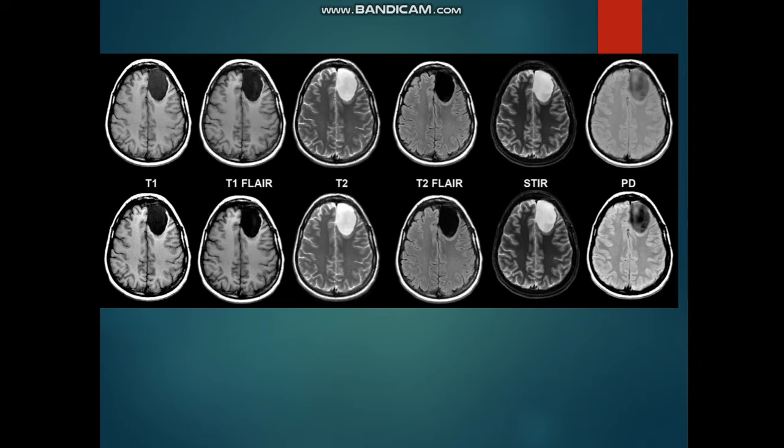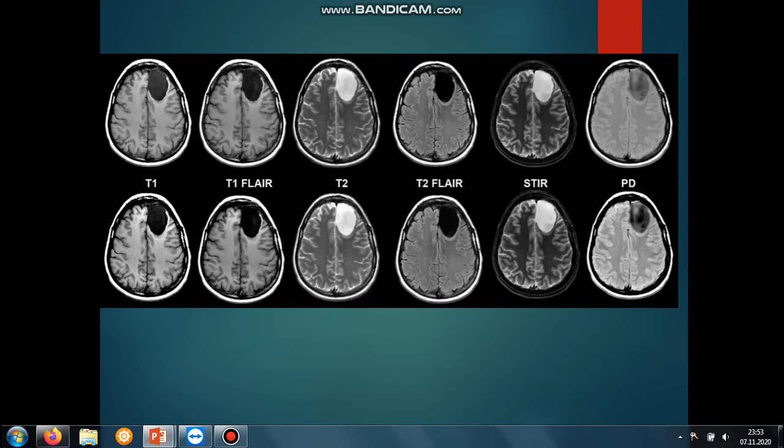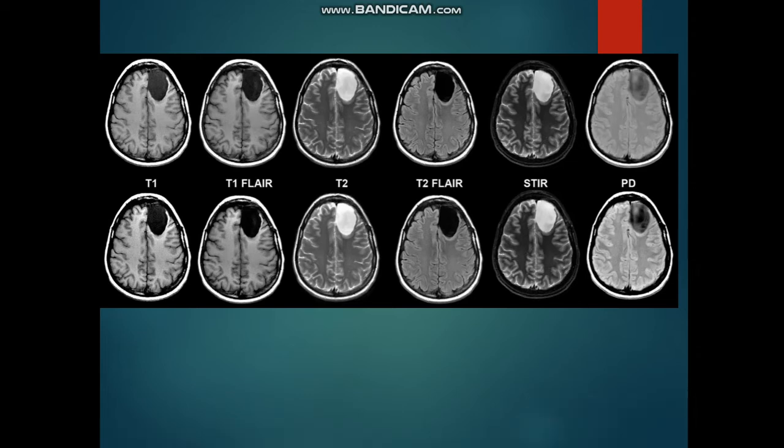T1 depends on the time the protons take to return to the axis of the magnetic field, and T2 depends on the time the protons take to dephase. A T1 weighted image is one in which the contrast between tissues is due mainly to their T1 relaxation properties, while in a T2 weighted image the contrast is due to the T2 relaxation properties. Some sequences produce images which approximate mainly to proton density.